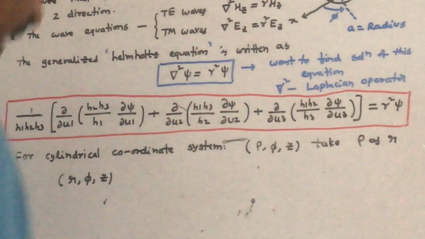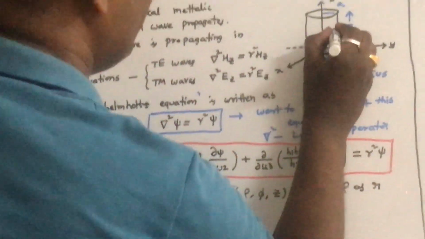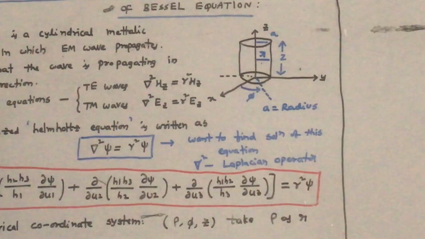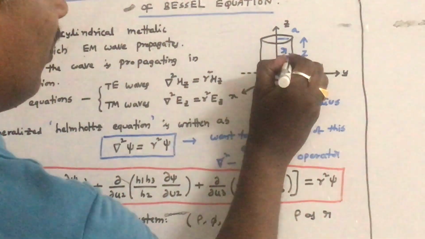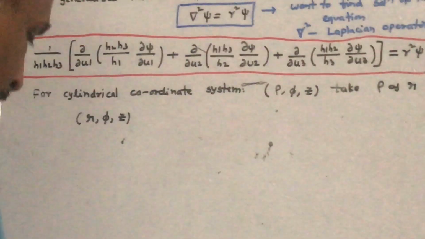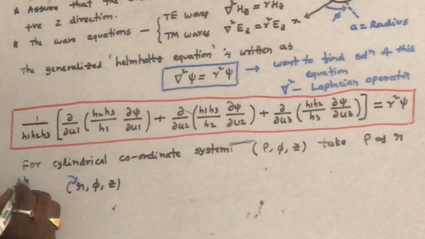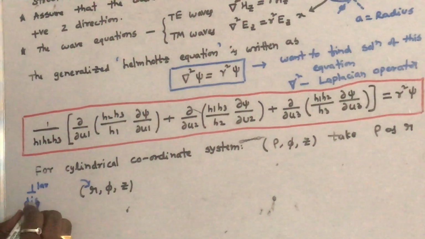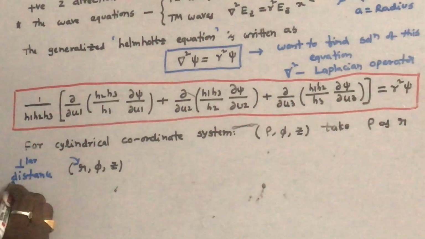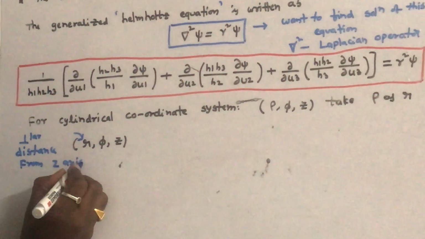So where r, in this diagram, is the perpendicular distance from z axis. Remember this.